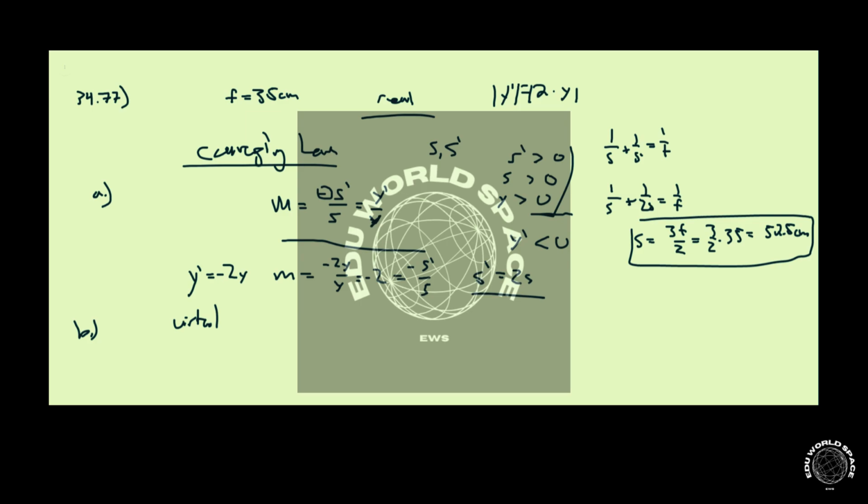Part B says we want a virtual image of the object with the same magnification. So now, if the image is virtual, we know that S prime must be less than 0. Going back to our magnification equation up here, this then also will imply that S and Y are both greater than 0.